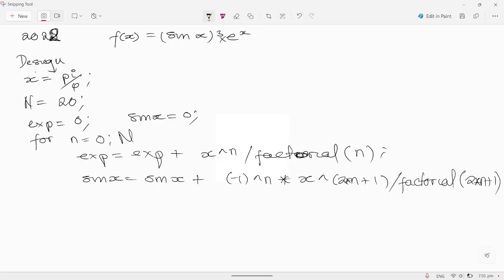Okay, that. And f underscore x is going to be equal to sine x to the power 3 times exp, like that. And that's how you solve this question.